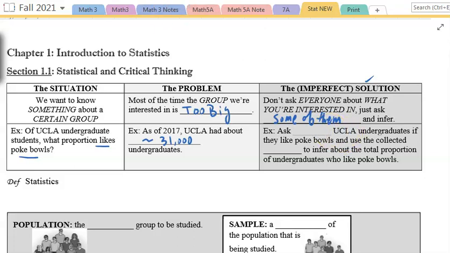And make an inference about the population. Example, ask about 400 UCLA undergraduates if they like Pokeballs, and use the collected data to infer about the total population. That's normally how we do it. So we start off with a definition.